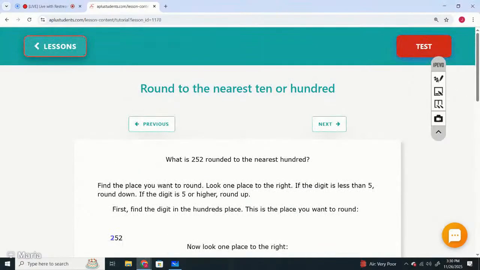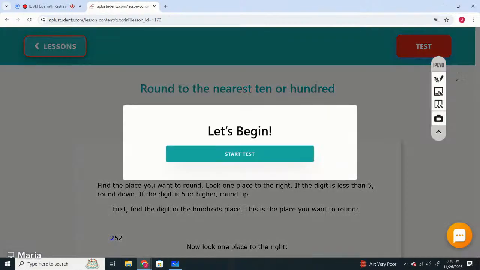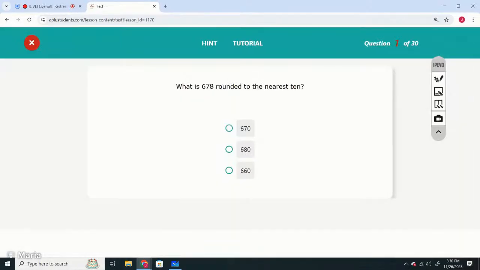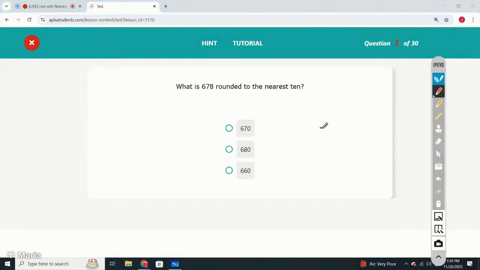Let's just start with the test questions. What is 678 rounded to the nearest 10? Basically, we need to do exactly the same way we did for the 10, but you just have to see which place you need to round off.